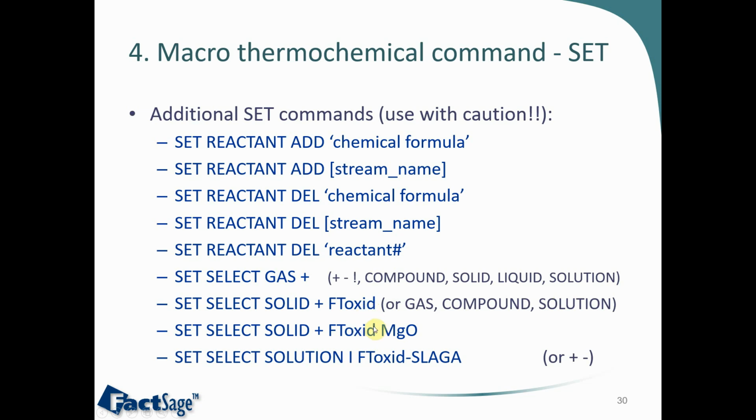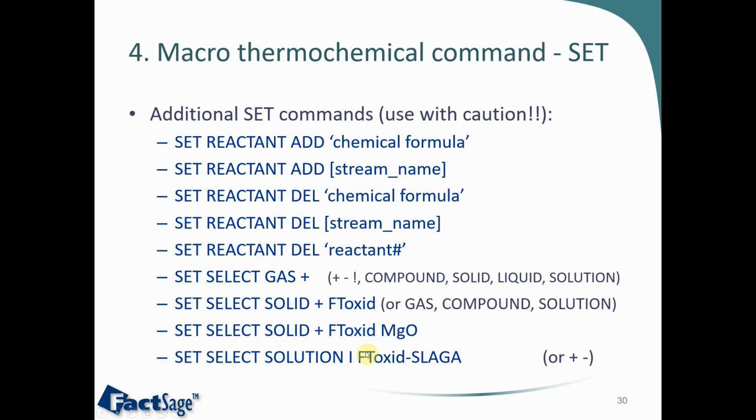This selection can also be made for a specific species from a database or solution. So set select solid plus FT oxide MgO will select the compound MgO from the FT oxide database. So for solutions, you can also use the uppercase letter I, as shown here, to set the solution with possible two-phase immiscibility.